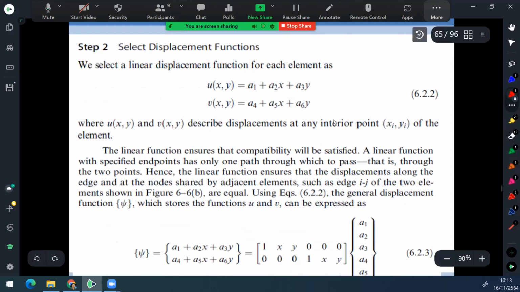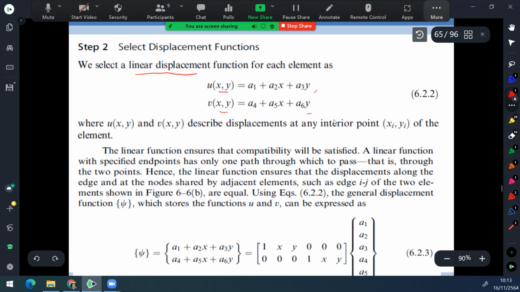We select the displacement function to be the linear displacement. So we call this type, in finite element software, the linear type of element. It means that we use the linear shape function, the linear interpolation function of the displacement.